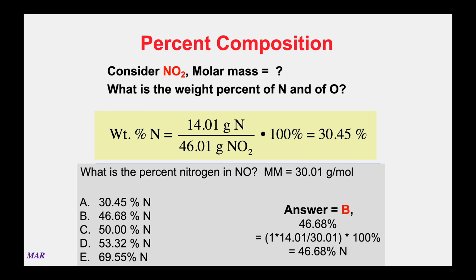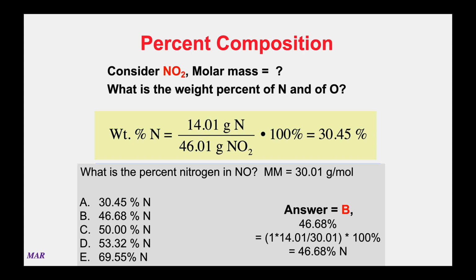Answer B. And again, to find percent oxygen, instead of 1 times 14.01 in the top, you'd go 1 times 16.00, the 1 oxygen. Divide by the molar mass times 100%, that would be the percent oxygen. You could, of course, also go 100 minus 46.68%.